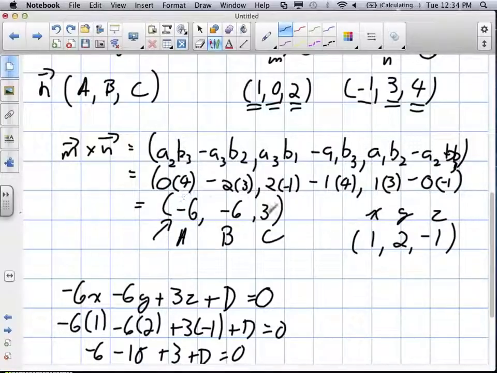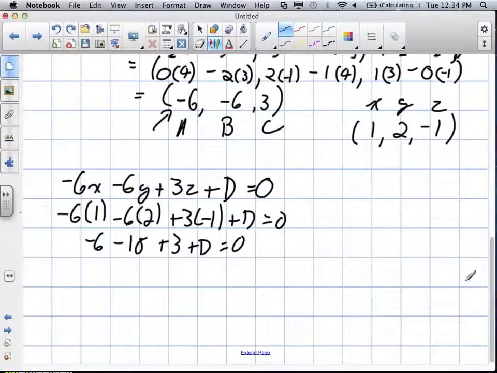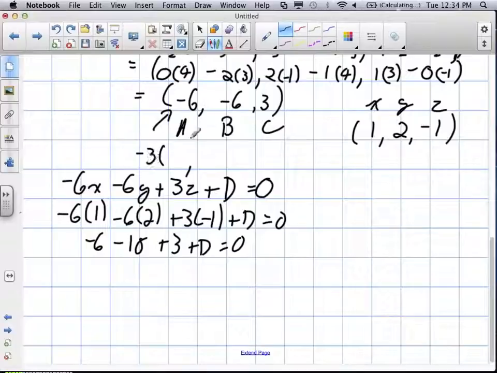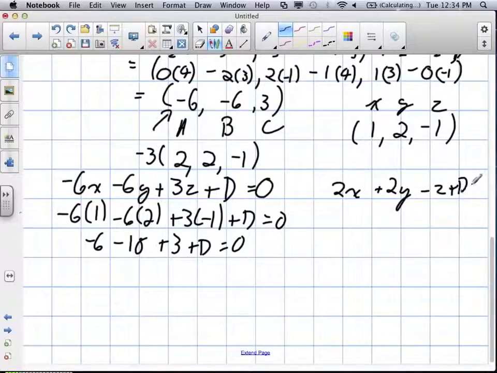It doesn't matter if we do it this way or not, and we're going to show that. If I take a negative 3 out, we would have 2, 2, and negative 1. That would have given me 2x plus 2y minus z plus d equals 0.